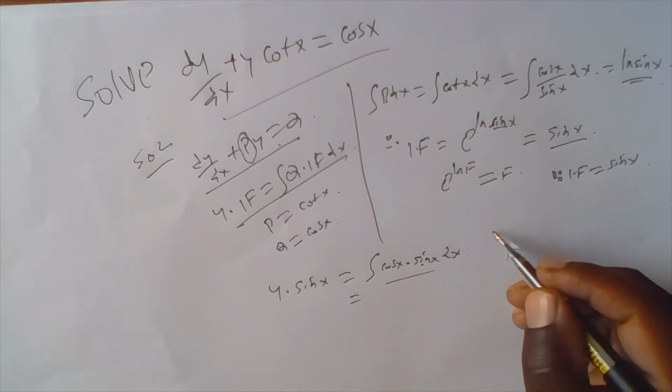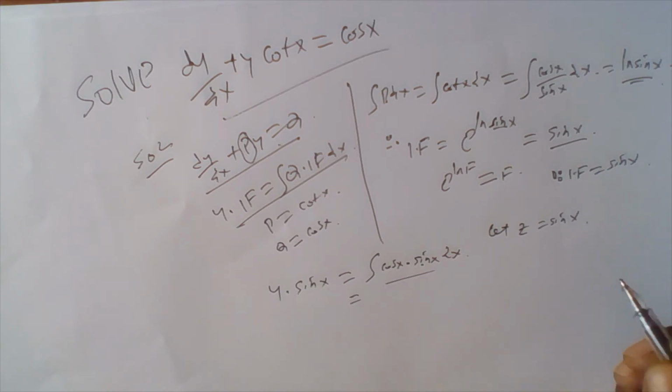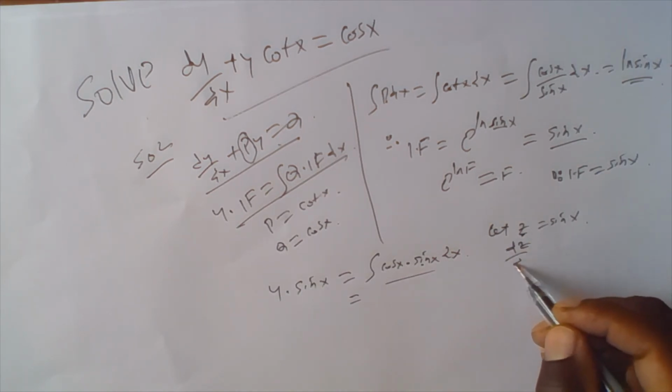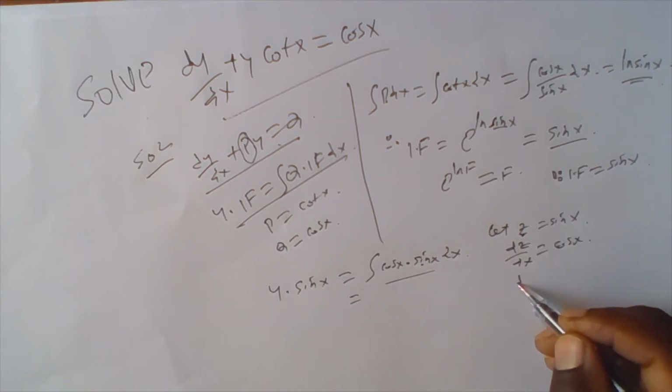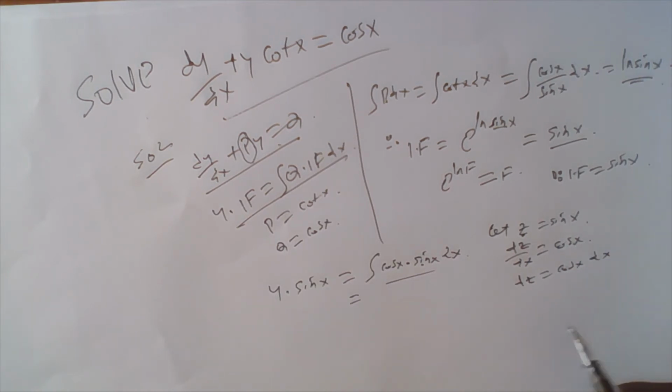So we let z equal sin x. We differentiate z with respect to x: dz/dx equals cos x, meaning dz equals cos x dx.